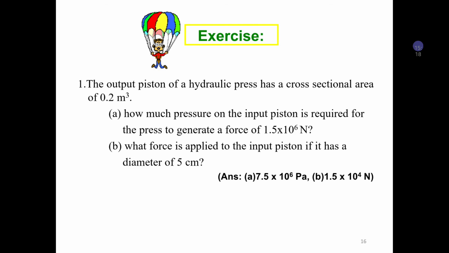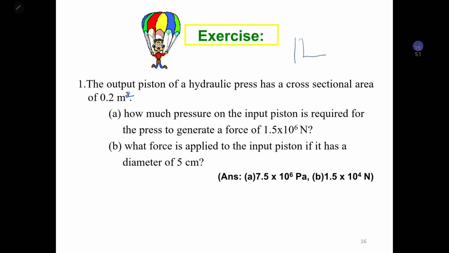So the second question. The output piston of a hydraulic press has a cross-sectional area of 0.2 meters squared. How much pressure on the input piston is required for the press to generate a force of 1.5 times 10 power of 6 Newton?